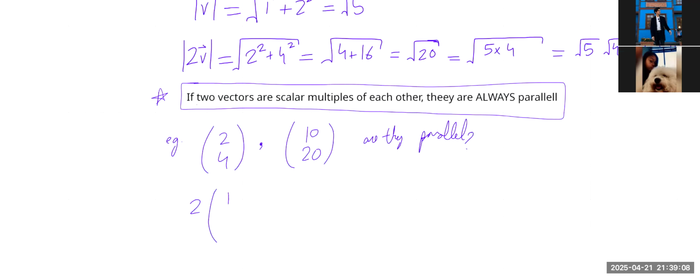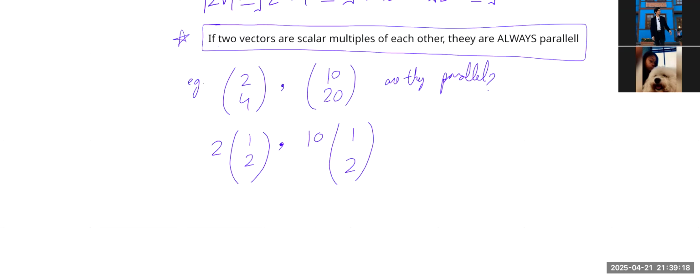What's the biggest common factor I can take out of 10, 20? 10. What's left inside? 1 and 2. Which means that they are the same vector, just multiplied by different scalar multiples. Which means that this guy is just a smaller version of this guy. They're parallel. You see what I mean? That's literally it. They are parallel. Okay?